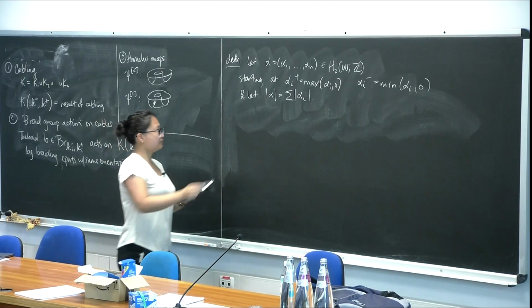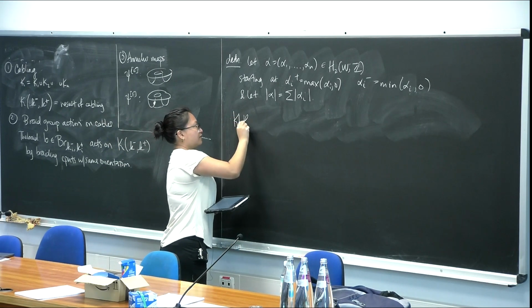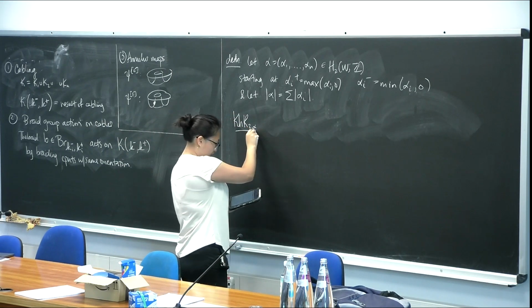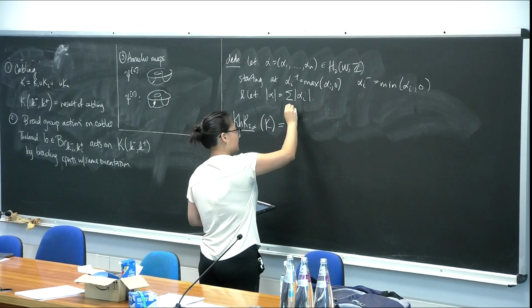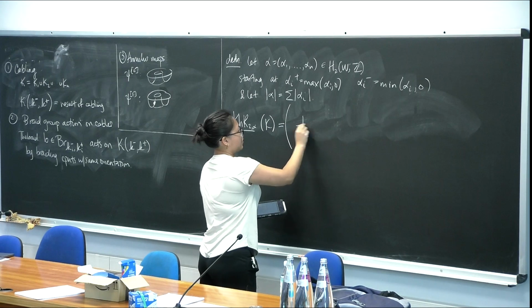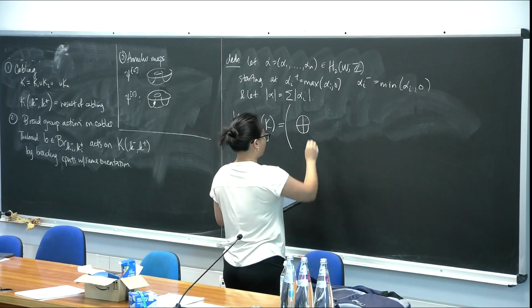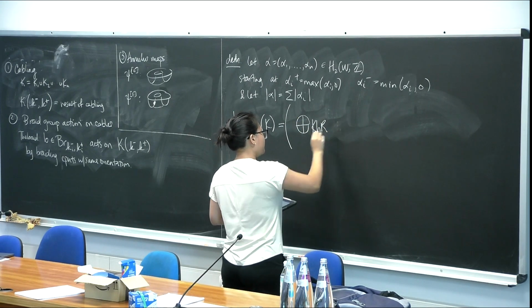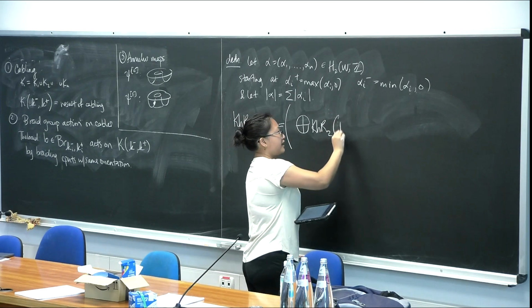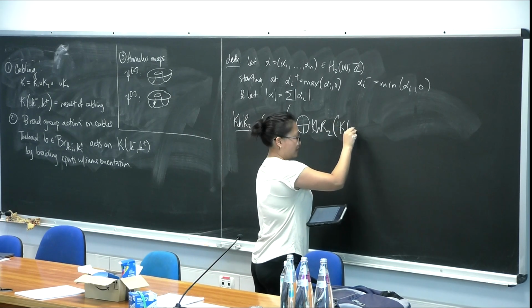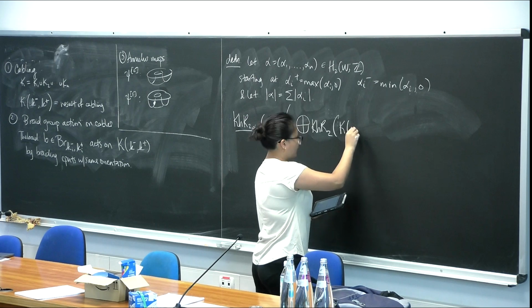Okay. Then the cabled Khovanov homology of this framed link K is going to take a big direct sum of just the GL2 homologies of my cables R, oh, sorry.